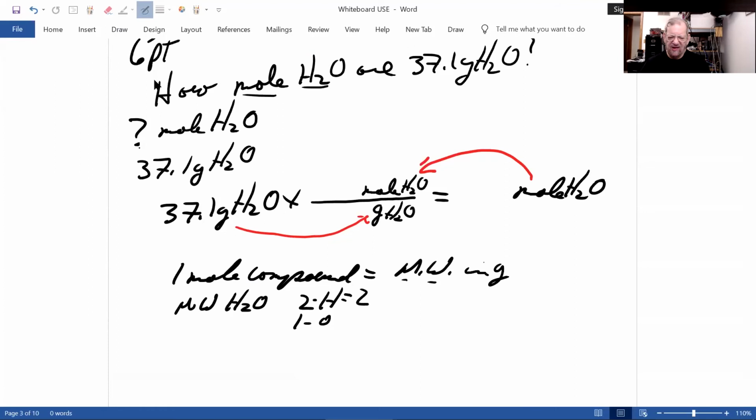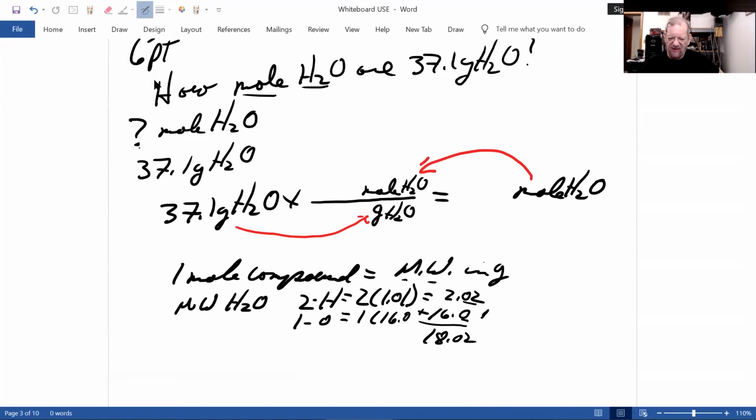and the atomic weight of hydrogen to 3 significant figures is 1.01. Oxygen is 16.0. Do the math, 2.02, and 1 times 16.0. Add these up. Remember, when you add, you get the same number of significant figures past the decimal as the number that has the fewest.